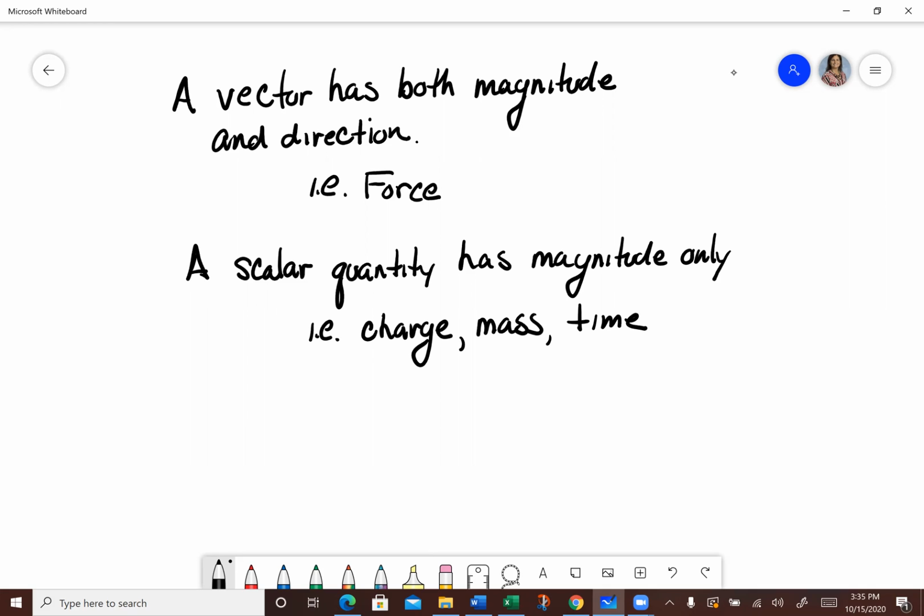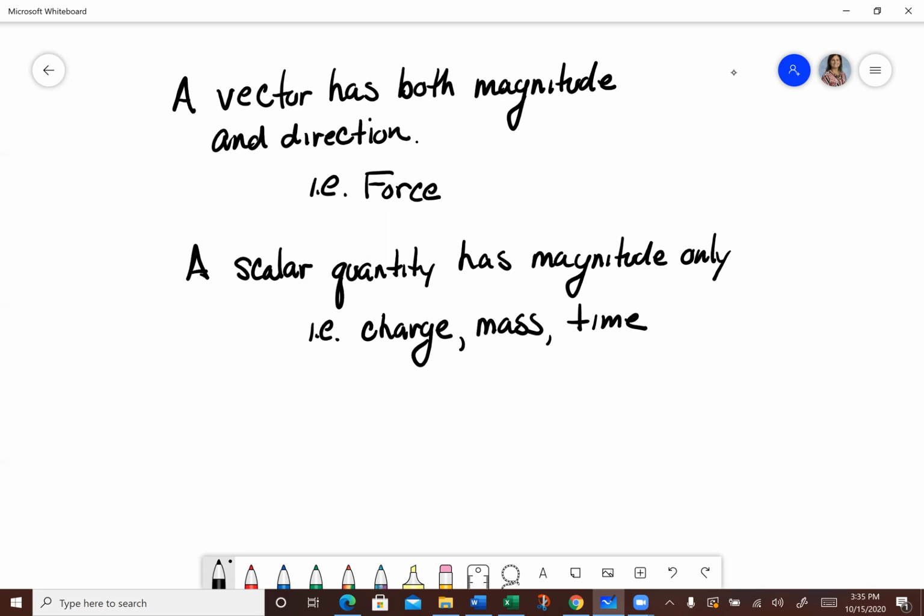Those are simply quantities that have magnitude. It just matters how much they are. There is no direction that goes with them. It doesn't matter up, down, left, right, north, south, but it does matter with a force. So that's the distinction between the two.